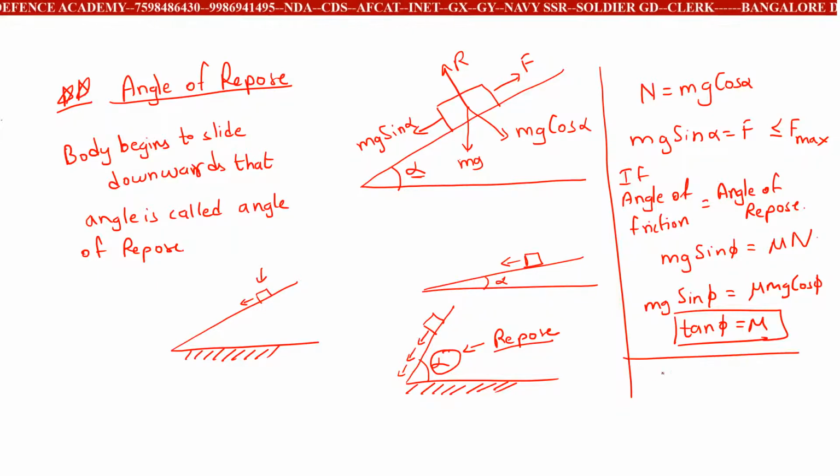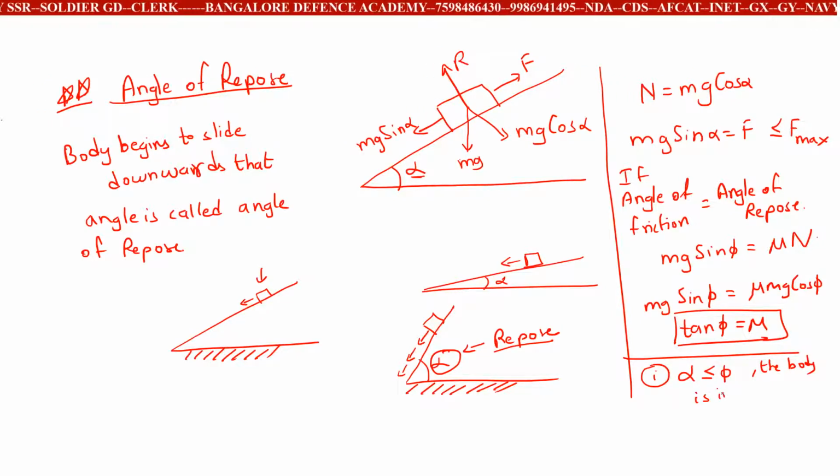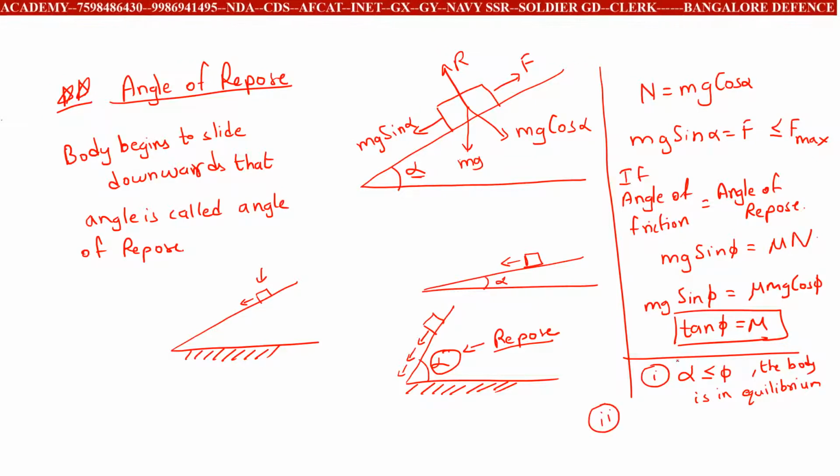So here there are two conditions. The first condition you need to remember: when alpha is less than or equal to phi, the body is in equilibrium. The body is in equilibrium when the alpha angle is less than or equal to the phi angle.